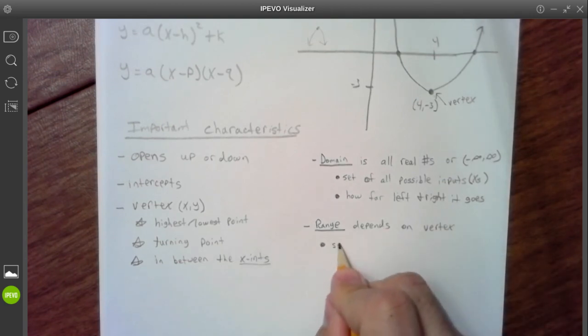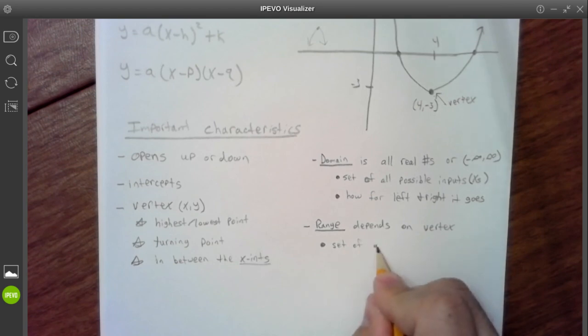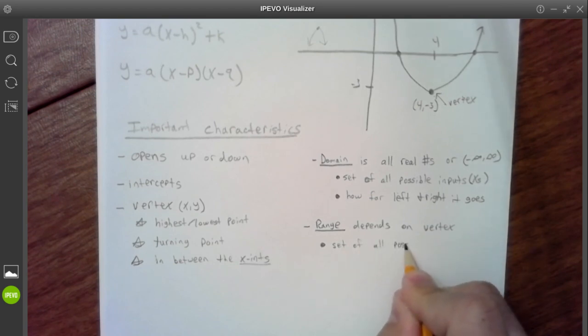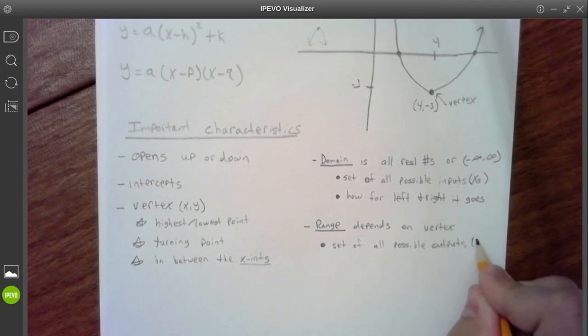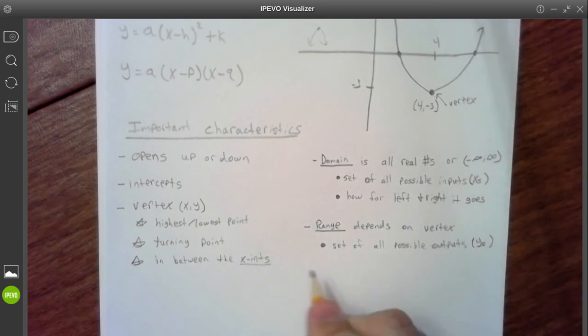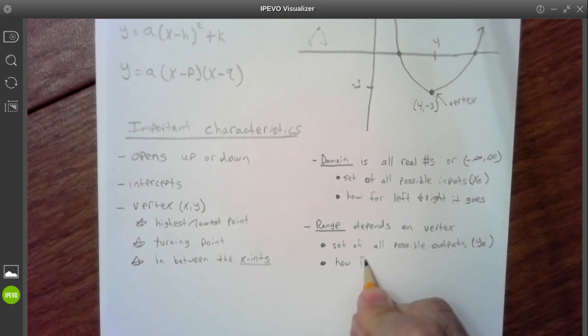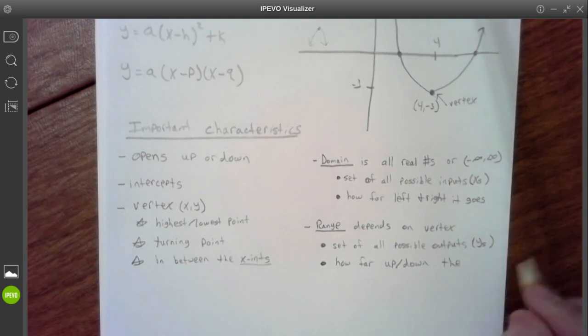It's the set of all possible outputs, or your y values. Another way to think of it is how far up and down the graph goes.